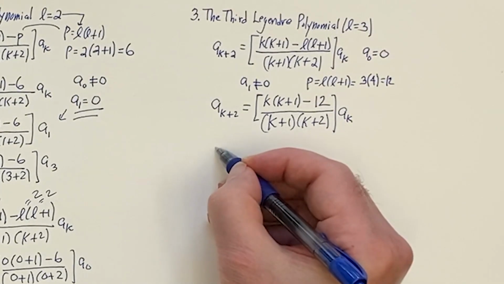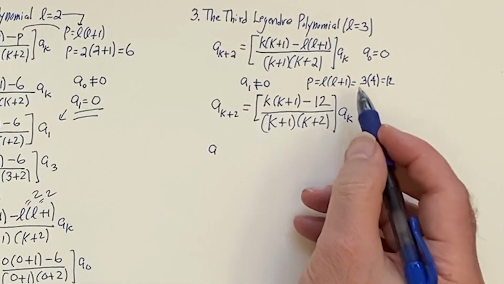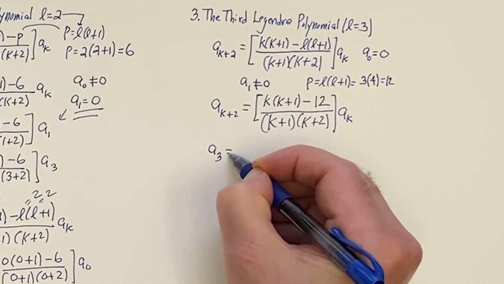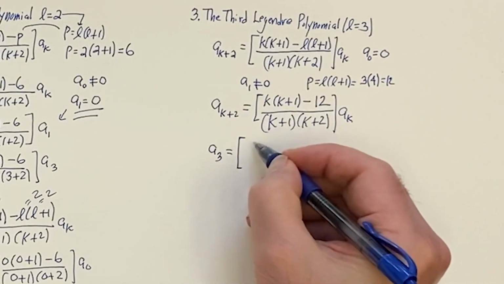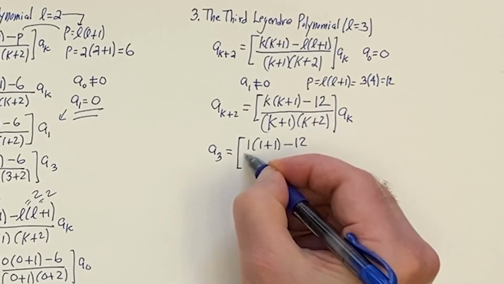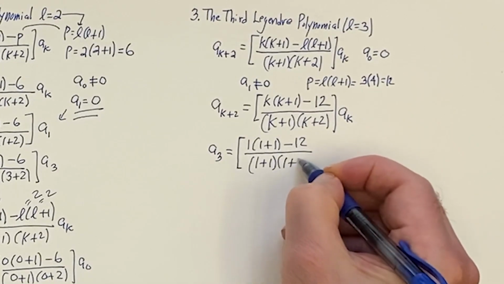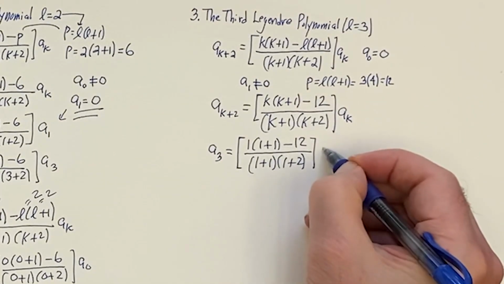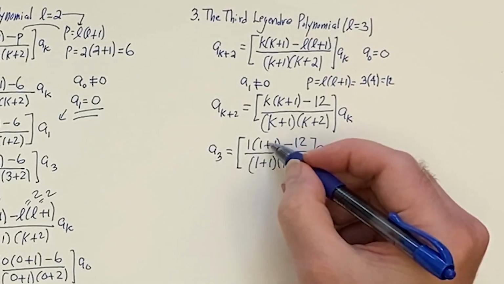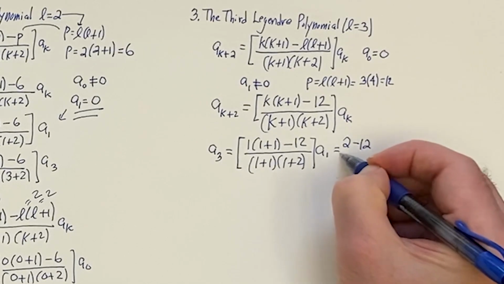All right, so let's find here what happens to, we have A1, find A3. K is going to be 1. So we put in 1 for K, 1 plus 1, 1 plus 2, and this is 1 for K. And this is going to be 2 minus 12 up there in the numerator.